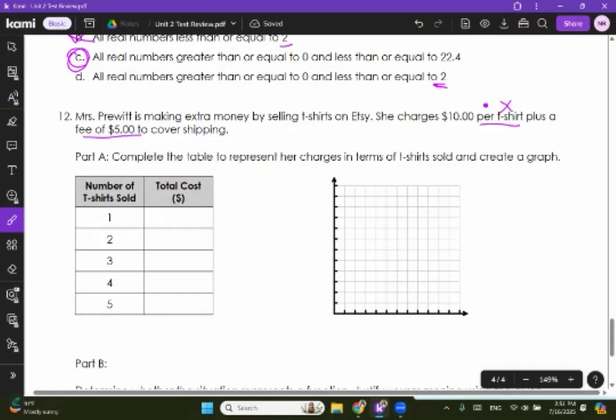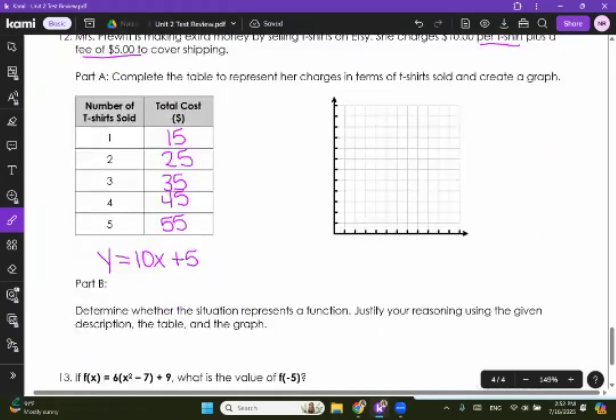Okay, so that would imply that our equation is y is equal to 10x plus 5. So 10 times 1 plus 5, 15. 10 times 2, 20 plus 5, 25. 35, 45, 55. Okay.